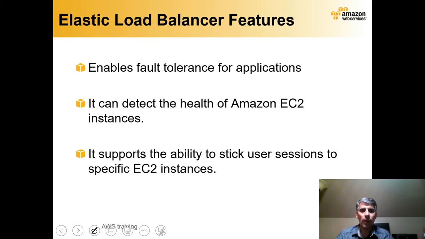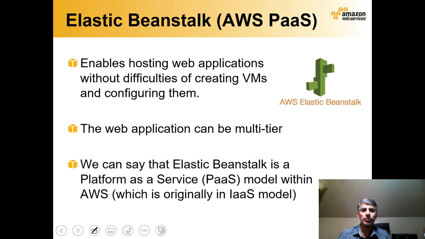Okay, so it enables fault tolerance, it can detect the health of your resources, and it has the ability to stick user sessions to specific EC2 instances. All right, so this Amazon EC2 is in fact the infrastructure as a service type cloud.